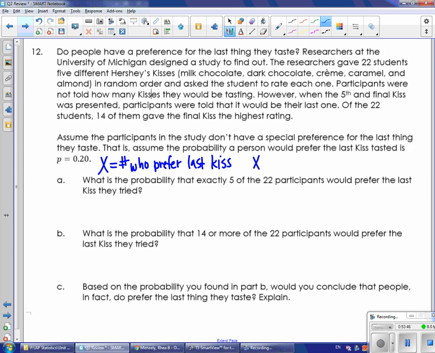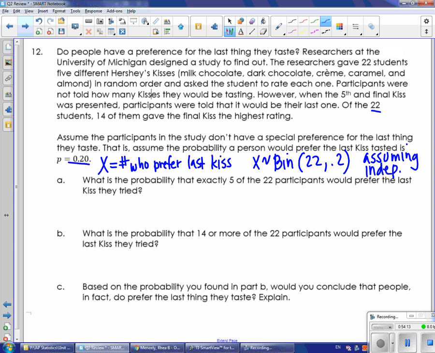Since we've got a fixed number of outcomes, we've got 22 people, we've got a fixed probability that's constant. The only other thing I have to assume is independence. So I can say that X is binomial with an n value of 22 and a probability of success of 0.2, assuming independence. So I have to state that if I'm going to call this distribution binomial, because I don't believe it tells me that in the problem.